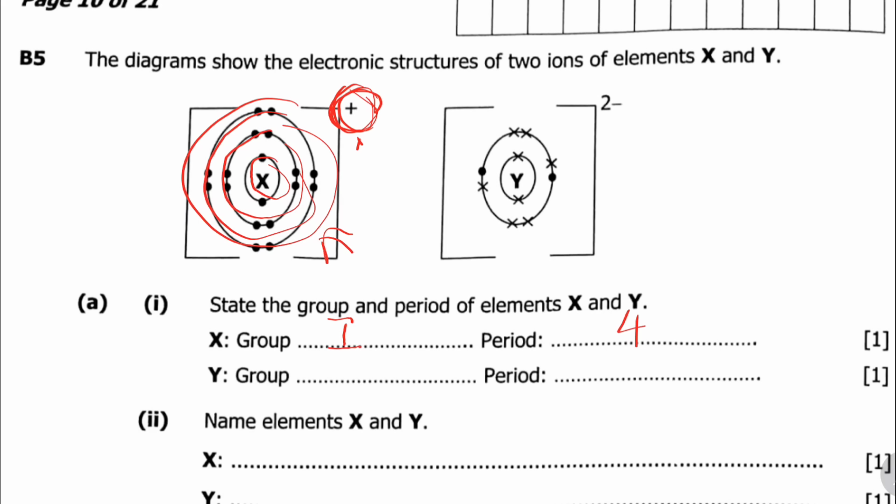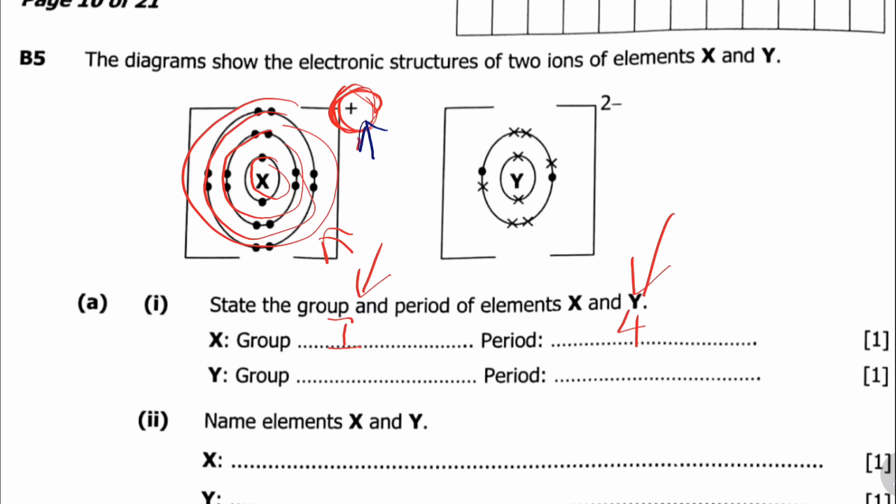The number of electrons in the outermost shell determines the group, while the number of shells determine the what? The period. Okay? So here we have 4 shells. The first one, second, third, and the last one with a single electron.